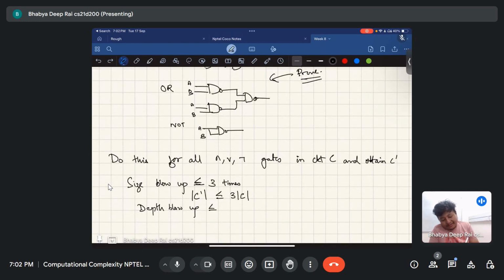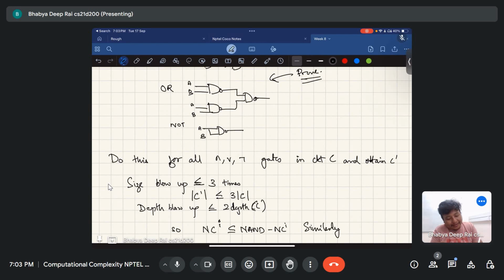So the depth blow up is at most 2 times the depth of C. So what does it mean? NCI is contained in NAND NCI.